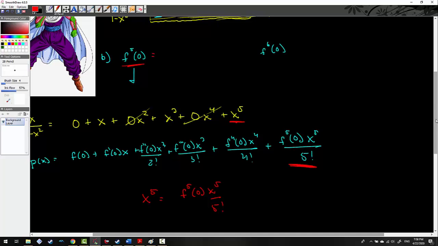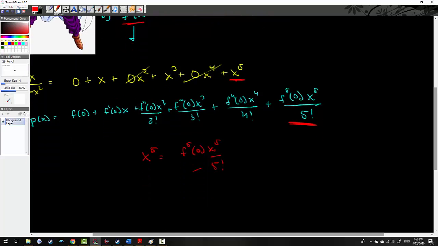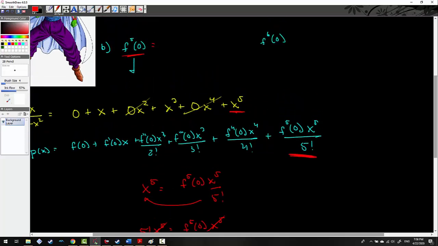So what I'm going to do is literally solve for it here by multiplying both sides by 5 factorial. X to the fifth is equal to the fifth derivative at 0 times x to the fifth, and then the x to the fifths will cancel each other out, and that is why the fifth coefficient is going to be 5 factorial.